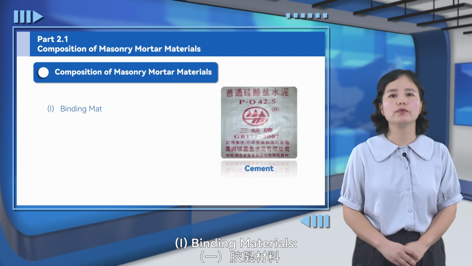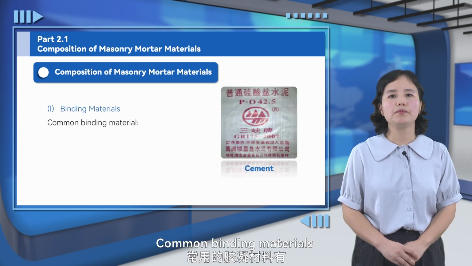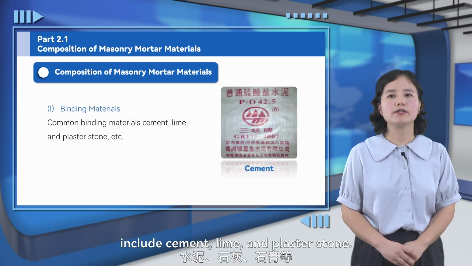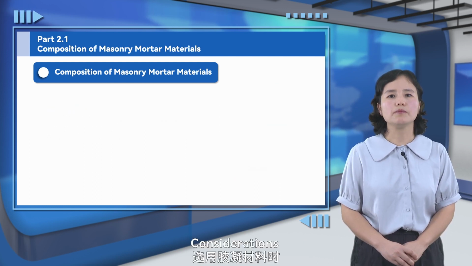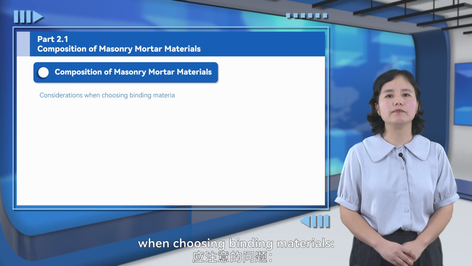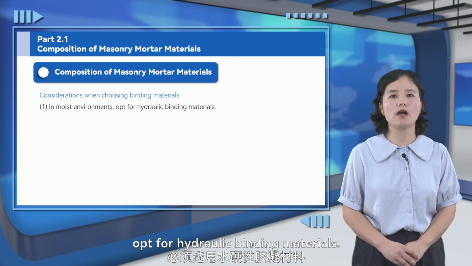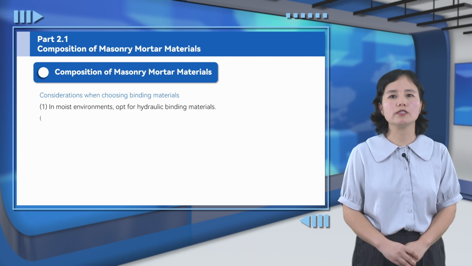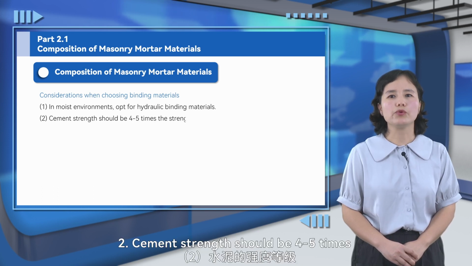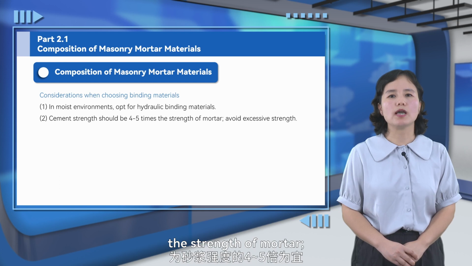1. Binding materials. Common binding materials include cement, lime, and plaster stone. Considerations when choosing binding materials. 1. In moist environments, opt for hydraulic binding materials. 2. Cement strength should be 4 to 5 times the strength of mortar.